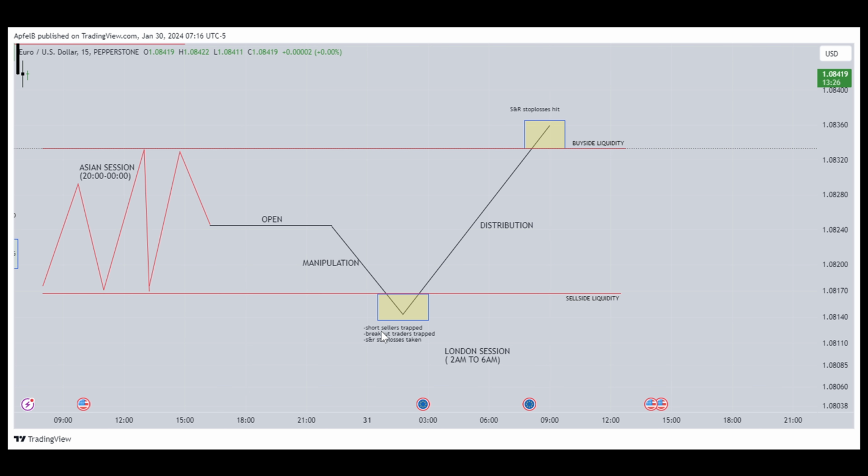And also we can see here, as the market was going down, some people, the breakout traders, will put their limit orders around these areas here, thinking that if the market breaks this support here, it will become resistance and then continue lower.